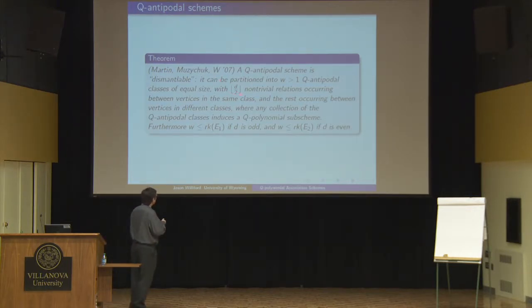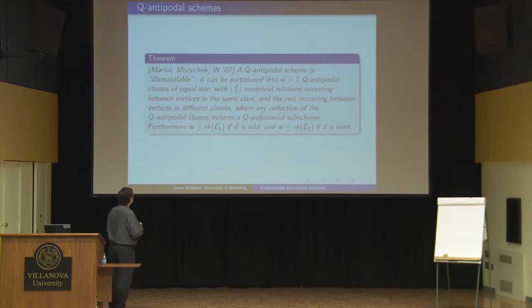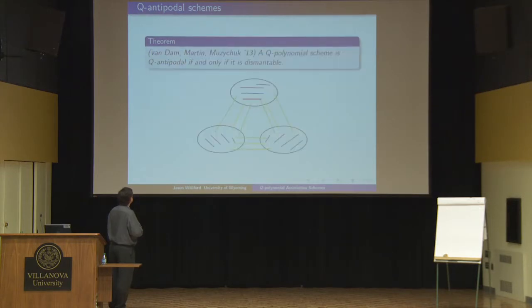Also, roughly half the relations are inside and half between. Furthermore, there was a bound on how many classes there could be, which I'll more or less skip over now. So there are some combinatorial properties there.